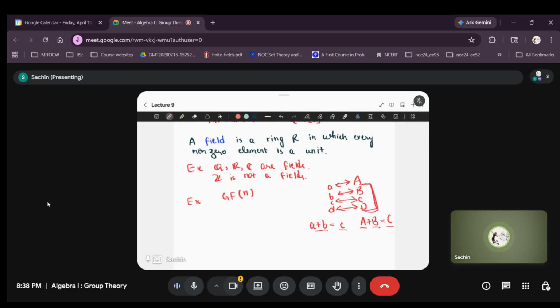If the order of B is something, then the order of capital B will be the same. So whatever properties you can find in this group, everything will be the same in the other group, except that the name is different. In this group, this element is called A. In this group, it is called capital A.